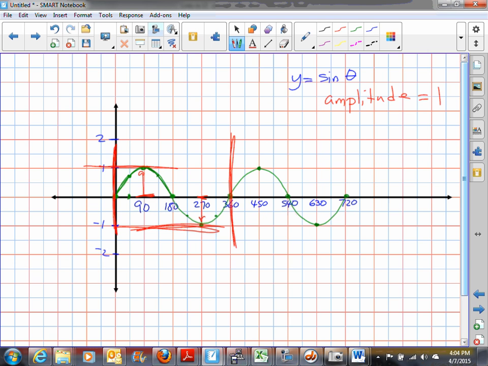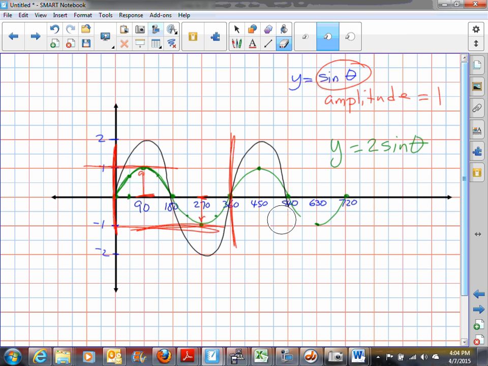Now, from our work on transformations, you should know that if, for example, we multiply this function by, say 2, then we would get another function, let's say y equals 2 sine theta, and the graph of y equals 2 sine theta would look like this. Oops.